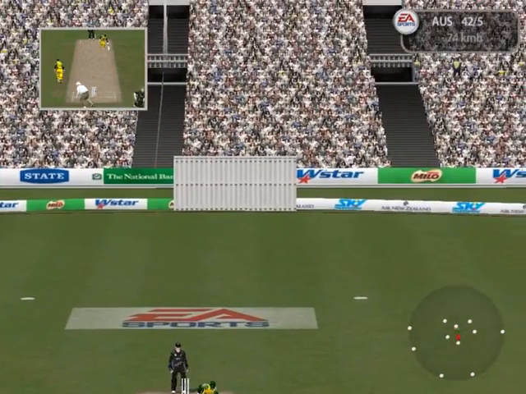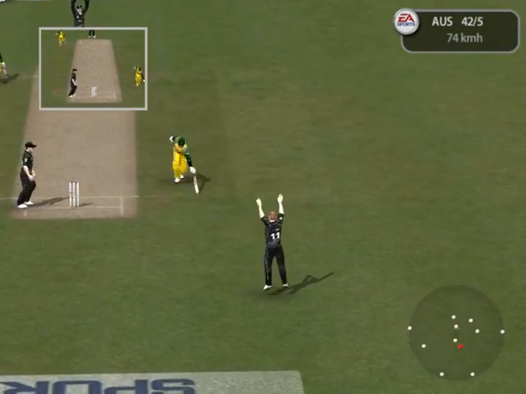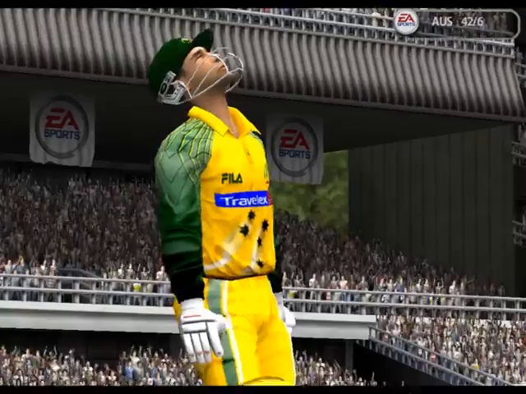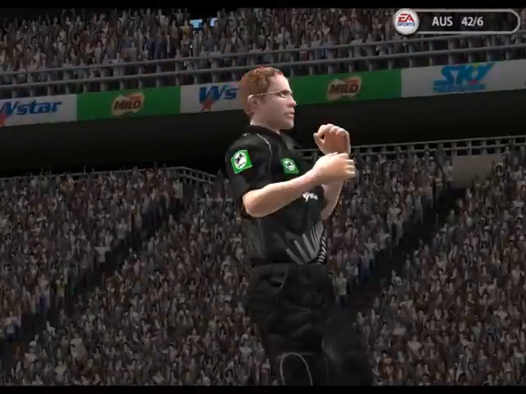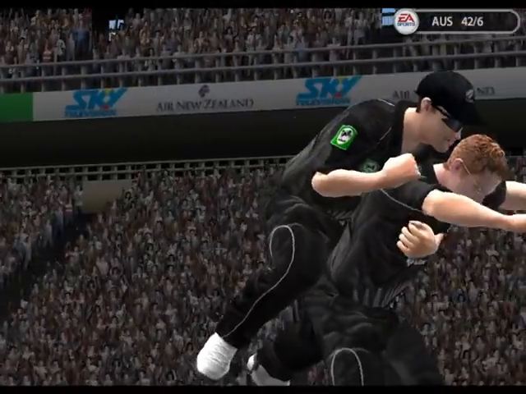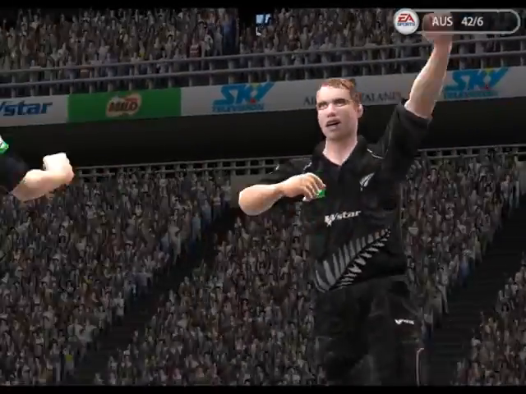There it goes. Safely taken by Vettori. It took an age to come down. The batsman really skied that one. That was really well judged. It went a long way up. That was moving pretty quickly, and he did well to cling on to it.